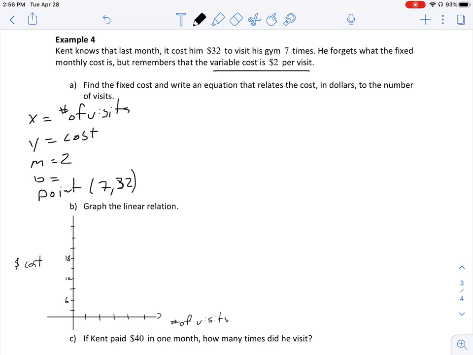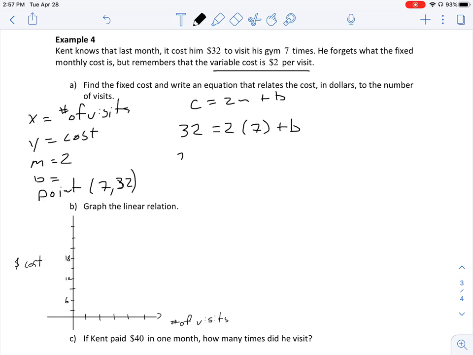So the equation that we would use, cost is equal, our rate is $2 per number of visits plus b, right? We don't know what the monthly or the initial cost is. Plug in our value, so the number of visits was 7, and it cost him $32.